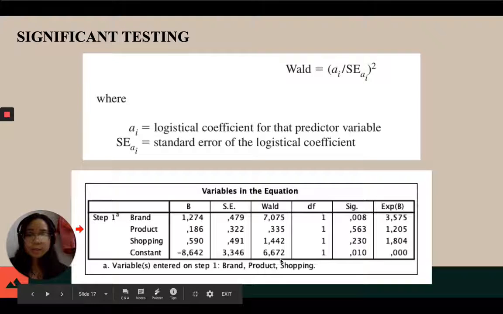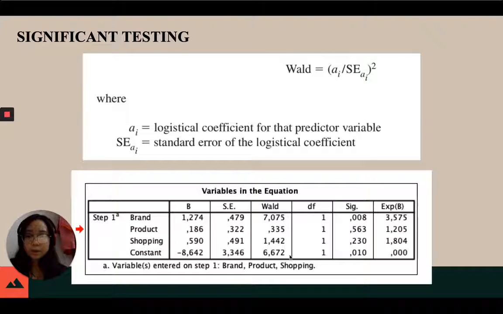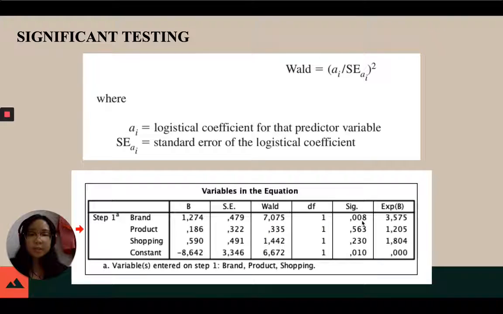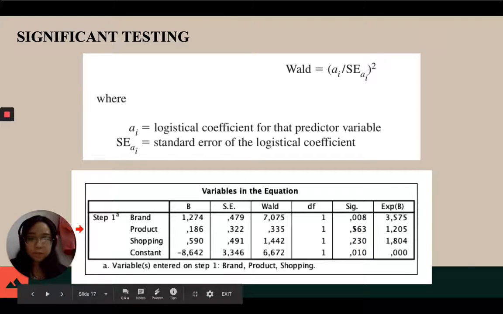To see which parameter is significant and which is not, we look at the significance column. For the brand, it is 0.8%, which is less than 5%, so we reject the null hypothesis. Therefore, we can say that the attitude toward the brand is significant in explaining the brand loyalty, while the product and shopping do not explain the brand loyalty.